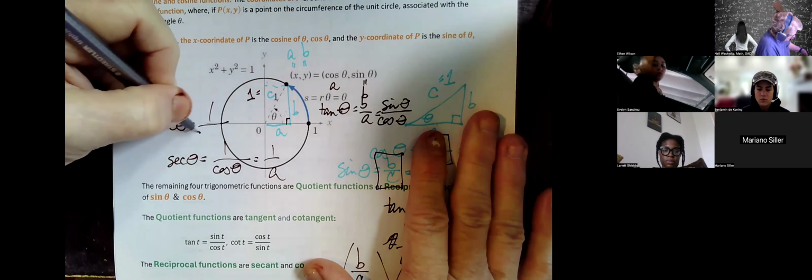So yes, cosecant of theta is the reciprocal of sine theta, and that means for the unit circle, it is 1 over B. Good.